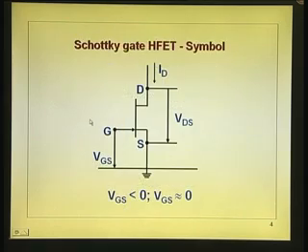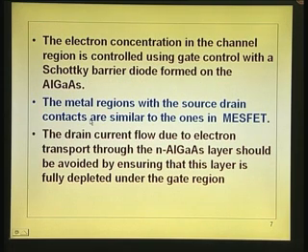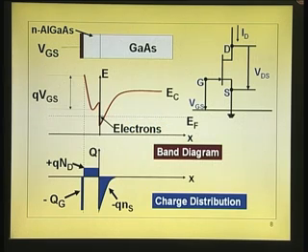So, what we say here now is the drain current flow due to electron transport through the AlGaAs layer should be avoided by ensuring that this layer is fully depleted under the gate region. So, how is that achieved? In fact, what I have shown here is AlGaAs n type, undoped gallium arsenide.